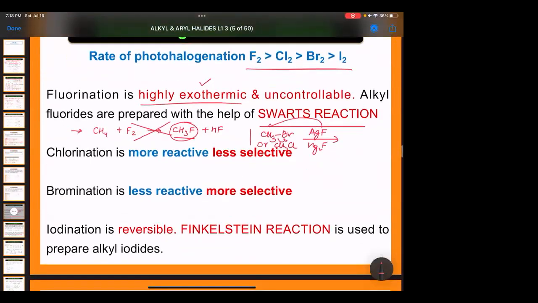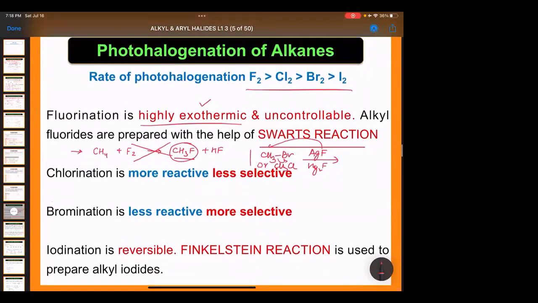So this is actually a very important reaction. Fluorination is not carried out directly because it is uncontrollable and highly exothermic. So this reaction is known as the Schwartz reaction. You need to know the name also.